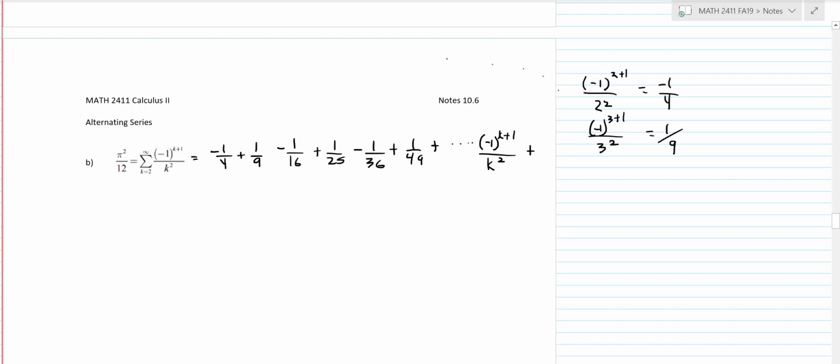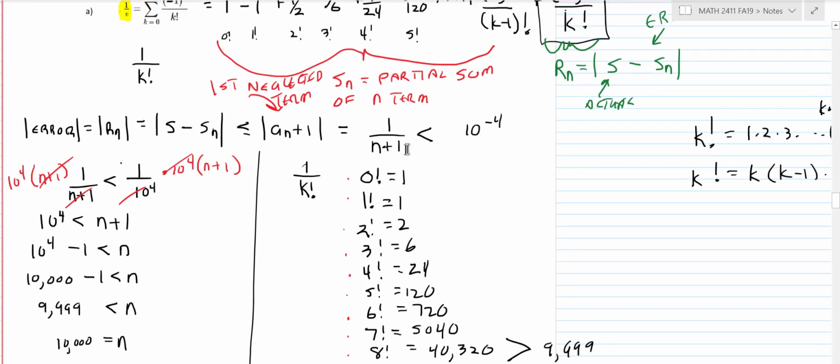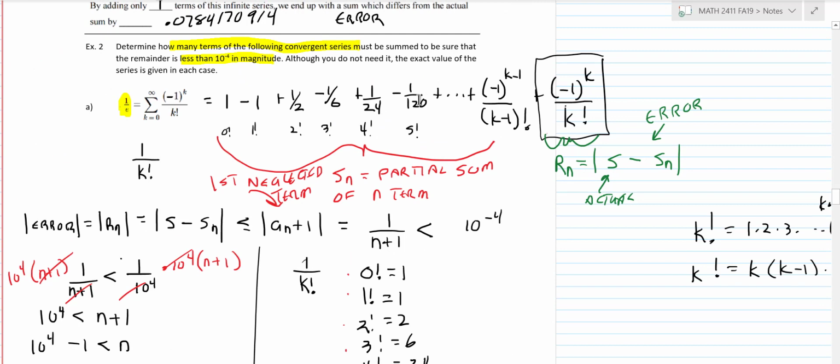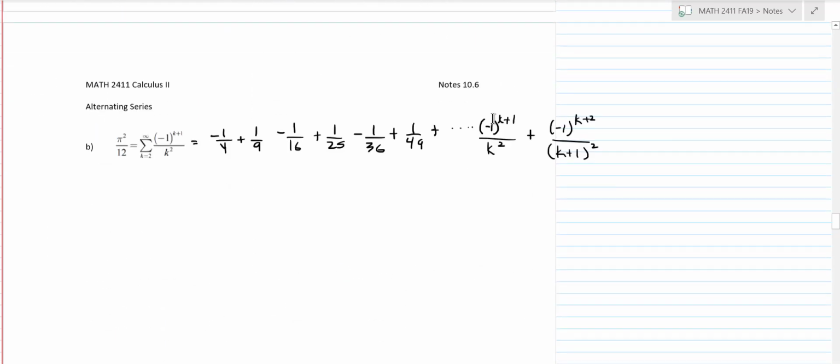If you went to the next item, we'd end up having negative 1 to the k plus 2, because that'll go up 1. And then this will go up to k plus 1 to the second power. You can write it out like this. You could also write the previous term. On the last problem, I just decided to write it this way. You don't have to do it that way.